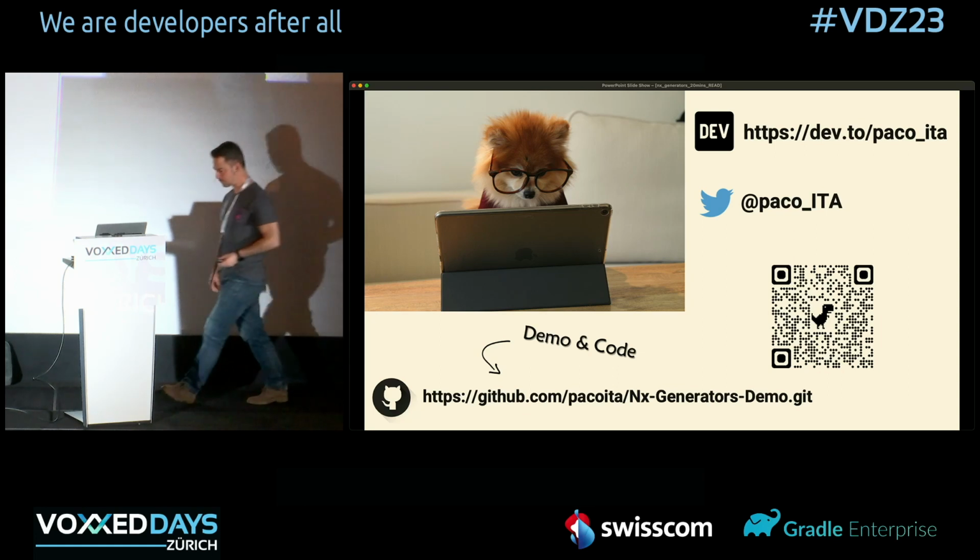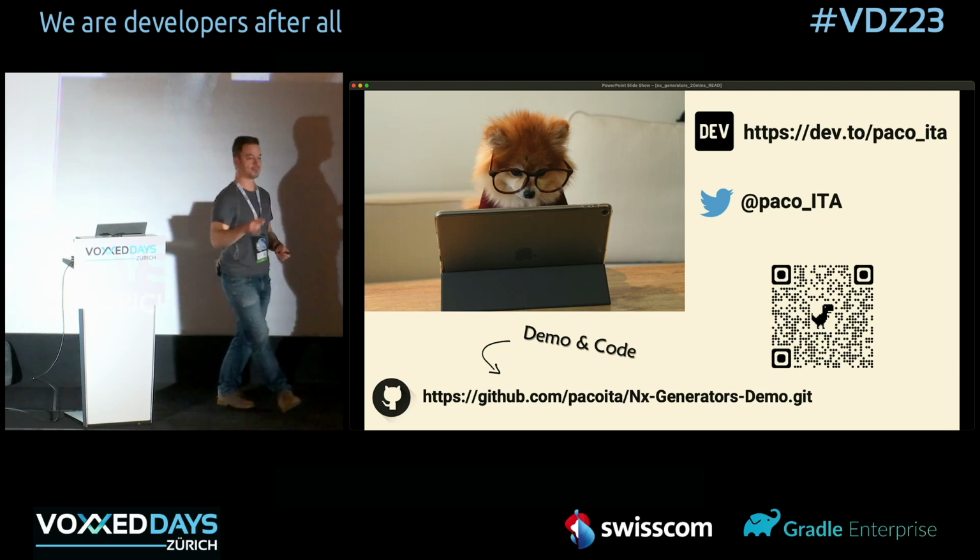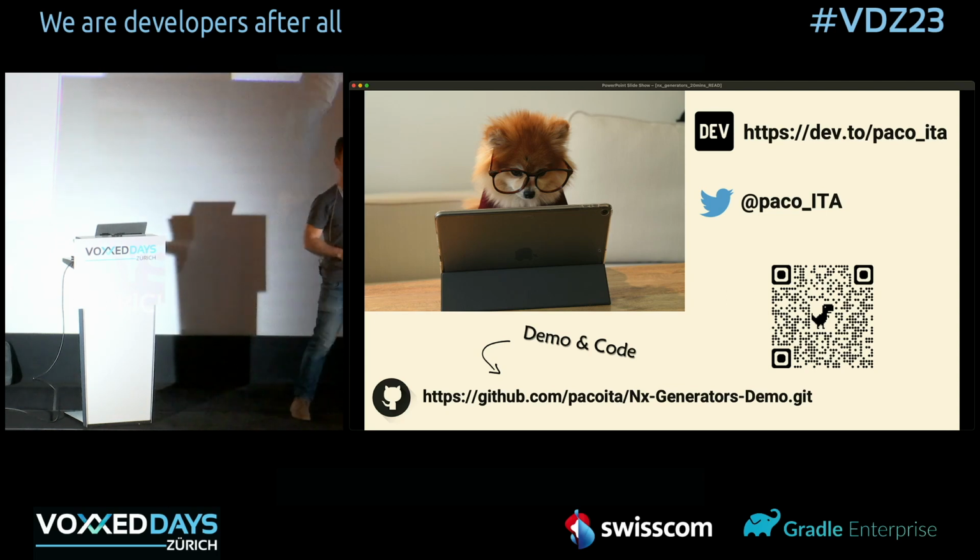I don't have that slide, but Java Spring Boot, yeah, there is. Because if you go on the NX website, there are officially supported NX plugins from the NX team, and then there are the community plugins from the community.